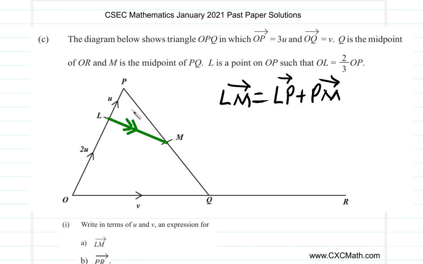Now, can you write LP in terms of U and V? Alright. From L to P is what? Is U. So LM equals U, right, plus PM. Can you write PM in terms of U and V?